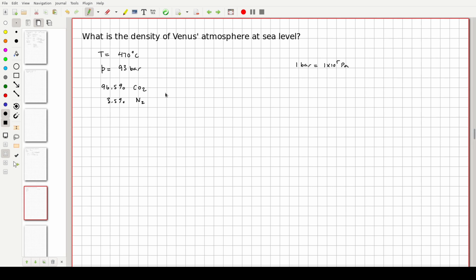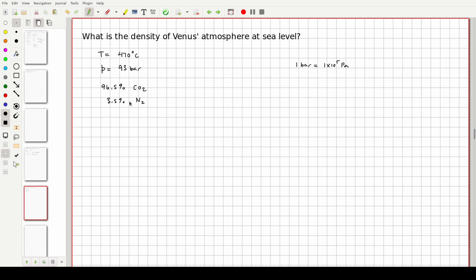I know you're probably looking at this and saying, okay, obviously it's more than just CO2 and nitrogen. There are other things in Venus's atmosphere. For example, sulfur dioxide is one of the most predominant ones, but there's so little of it that it sits out here a couple decimal places beyond.